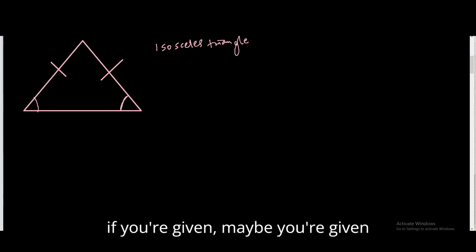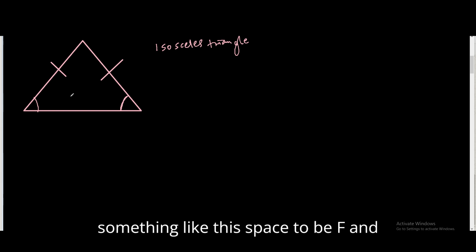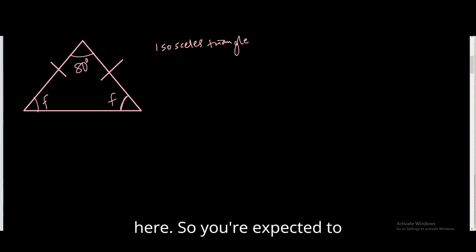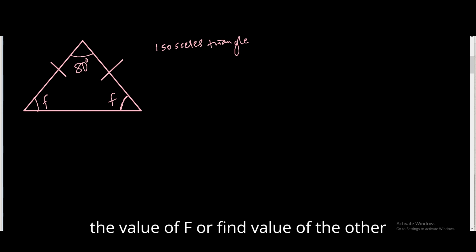So maybe you're given this place to be f and this place to be f, and you're given this angle to be, let's say, 80 degrees here. So you're expected to find the value of f.